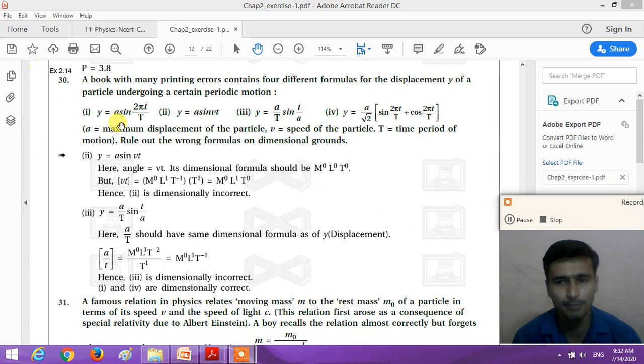Now, example number 2.14. A book with many printing errors contains 4 different formulas for the displacement y of a particle undergoing a certain periodic motion.